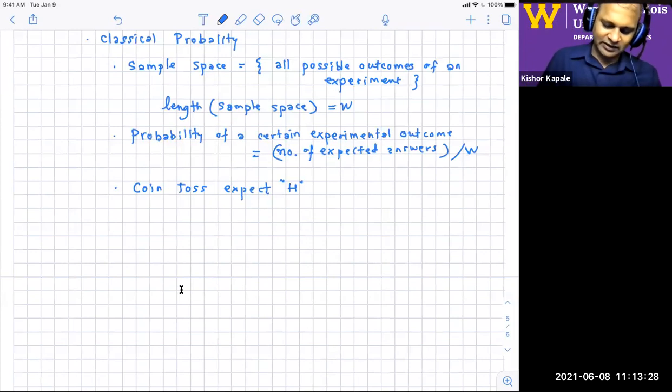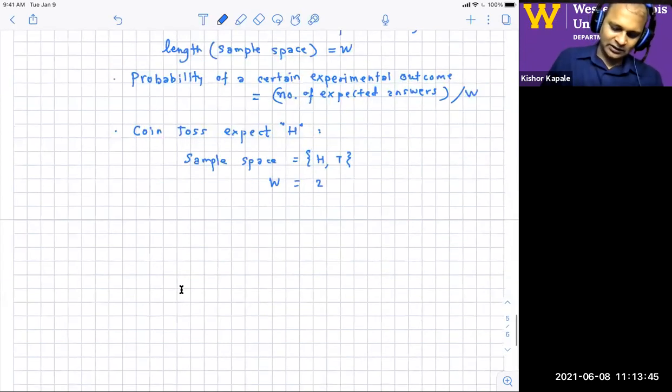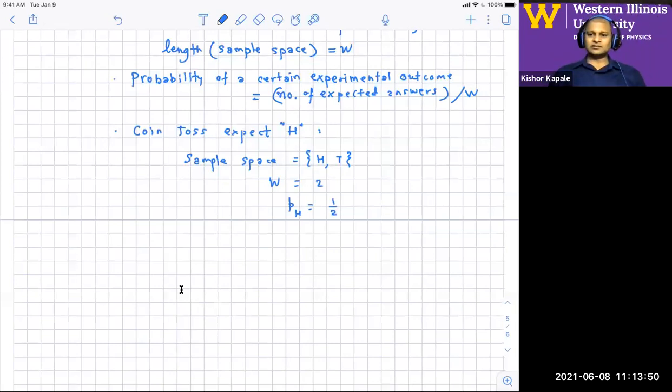So what's the sample space? It's essentially just head and tail. W is going to be 2, and the probability of getting head is going to be 1/2. Everybody with me? Okay, so that's just defining the sample space and everything.